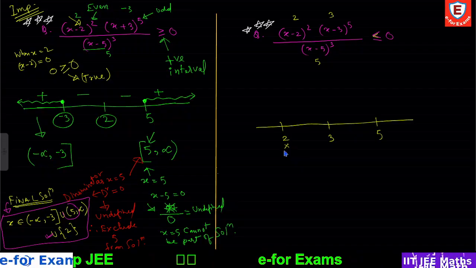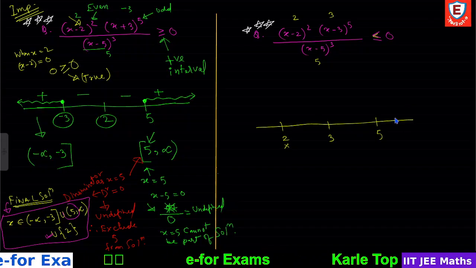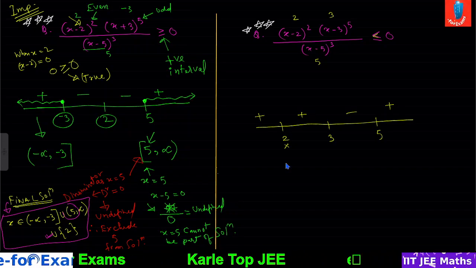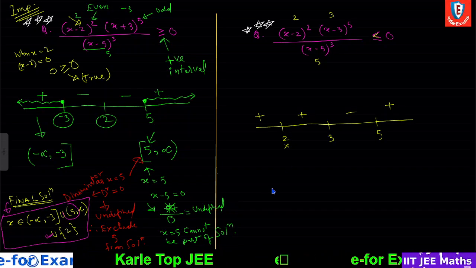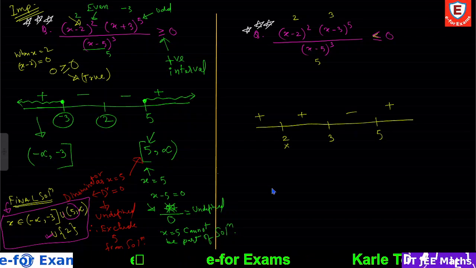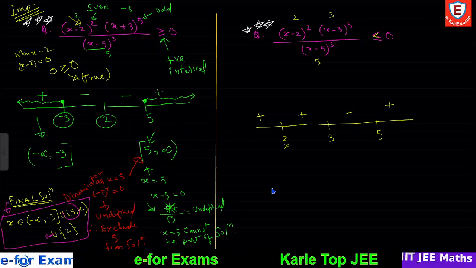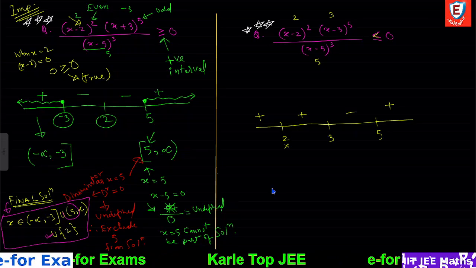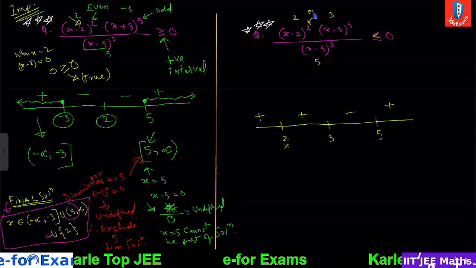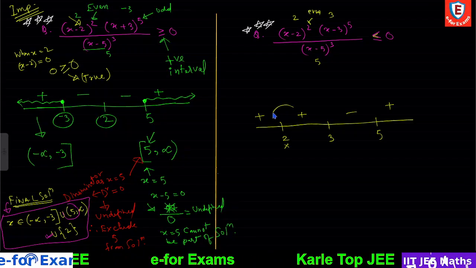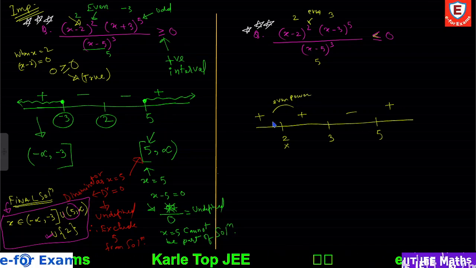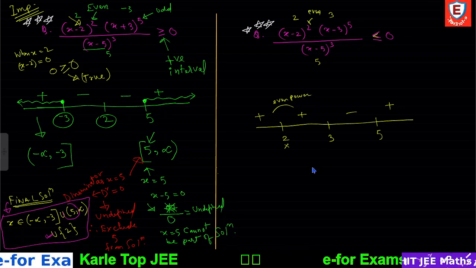Here it is even, here it is odd, so the signs are plus, minus, plus, plus. Because this is even power, there is no change in sign.